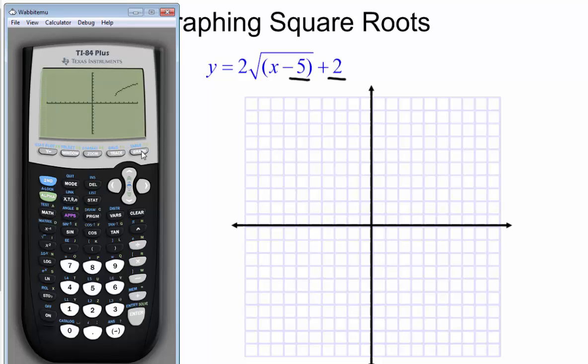I'm still going to look at my graph just to make sure. Now notice here, it's climbing a lot quicker. And I can tell that because of this a value, the vertical stretch. It tells me that it's going to be actually double what the normal square root would look like. Now, instead of trying to graph it by hand, I'm again going to use the table to help me out. I know that vertex is going to be at 5, 2, so I'm going to go find that and confirm that using my table. So I'll plot that point at 5, 2.